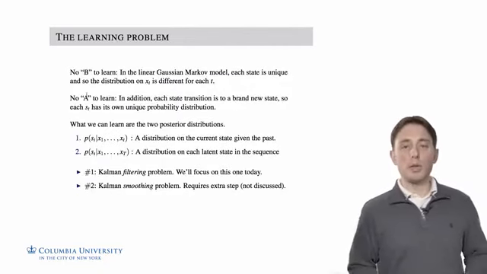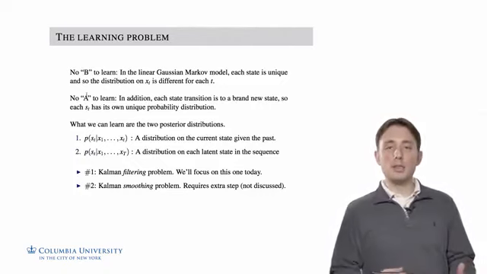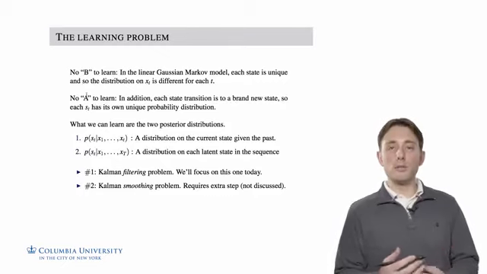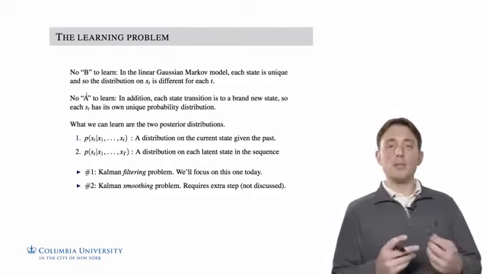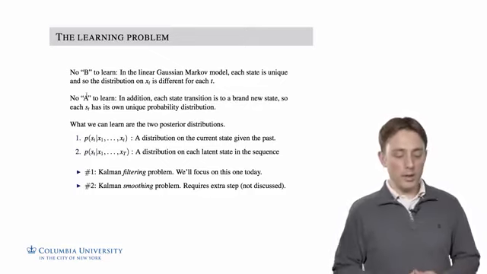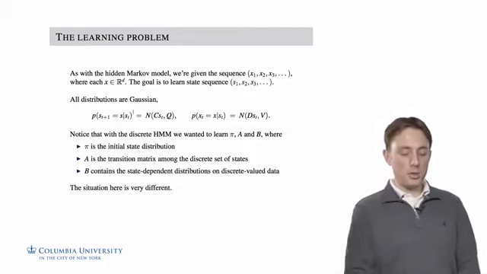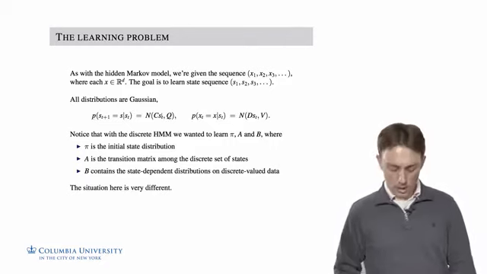Also, we don't have the matrix A to learn because we don't have a discrete set of states. Again, S is a continuous valued random vector with a continuous distribution, meaning that every state at every time point is going to be something brand new. However, it's constrained by this distribution, which is what is going to make the problem of learning the underlying state possible.